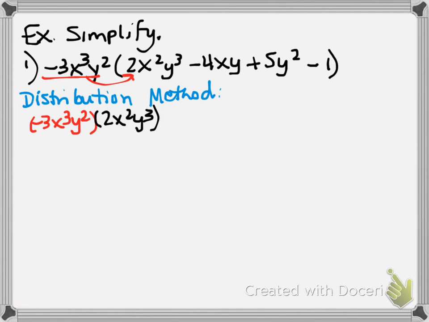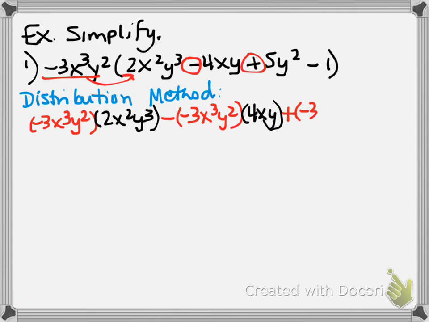Let's do this. What I like to do is grab the sign that's in the polynomial, and I like to write that next. And then multiply it by the negative 3x cubed y squared. And then, since I've already accounted for the sign, I'm just going to write 4xy. And then I'm going to grab this plus, and then times negative 3x cubed y squared, and then he's going to get multiplied by the 5y squared.